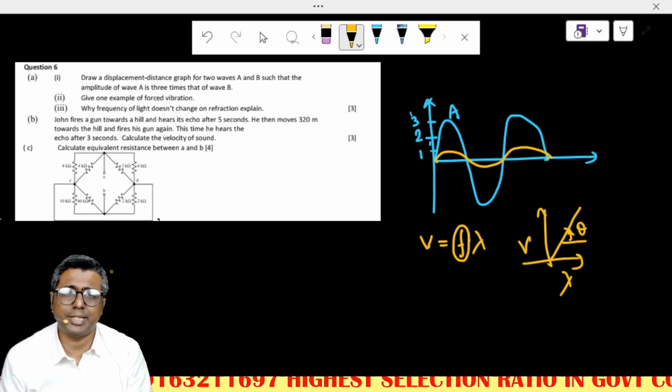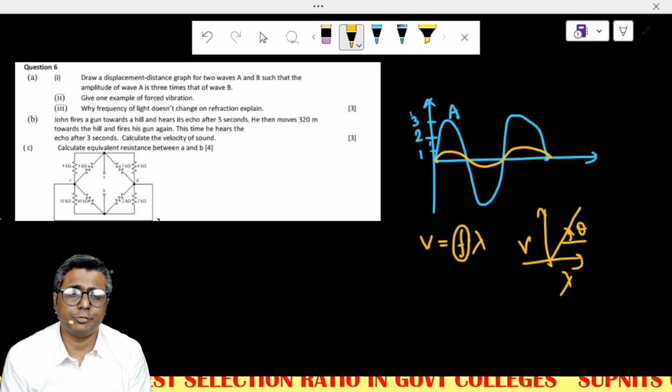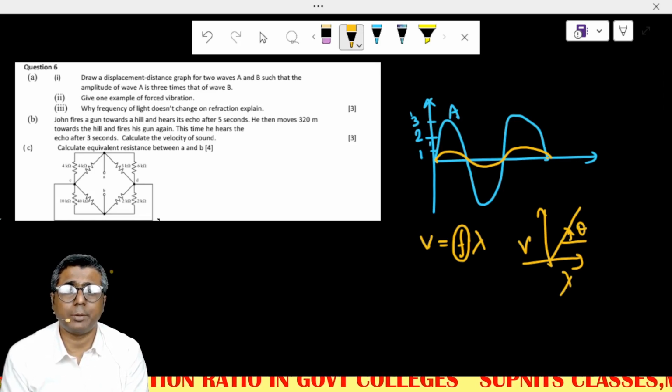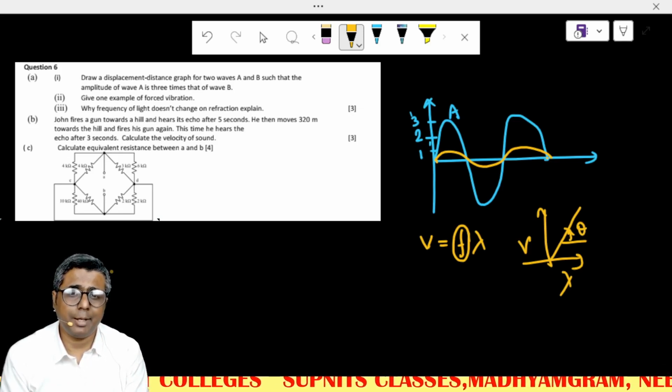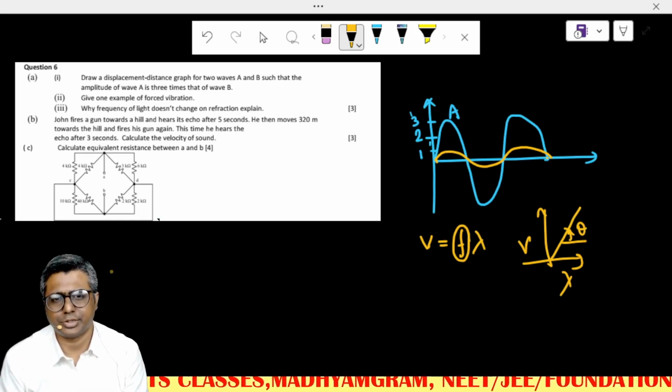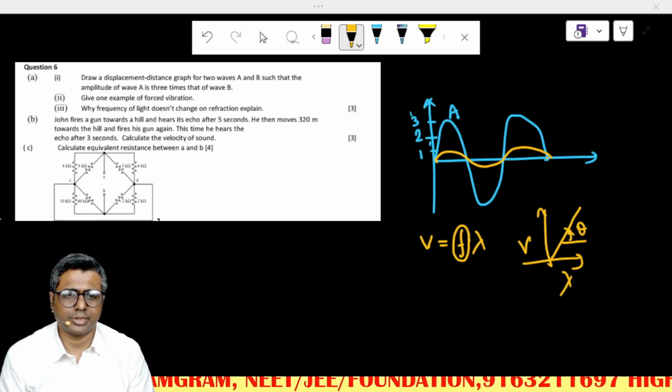So the explanation should be like that: frequency is the number of waves per second, and waves must pass from one medium to another with the same frequency, hence lambda changes proportionately with velocity, however frequency remains constant. Okay guys, now the question on resistance.